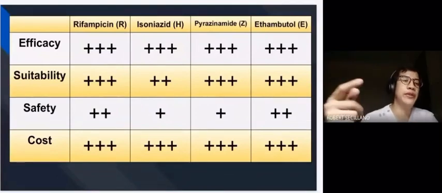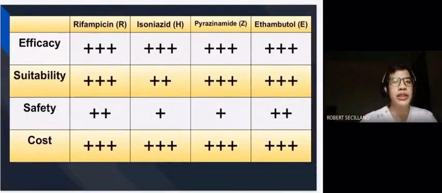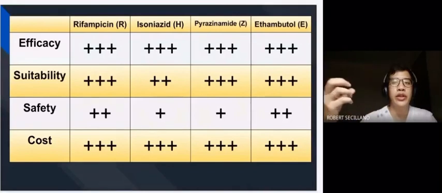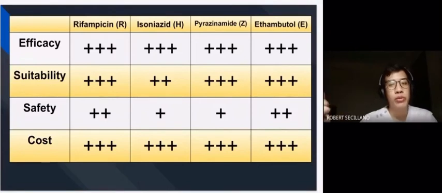Next is for the safety. So in rifampicin, I placed 2 plus because it can cause harmless orange urine, occasionally causes hepatitis, flu-like symptoms, and acute tubular necrosis.